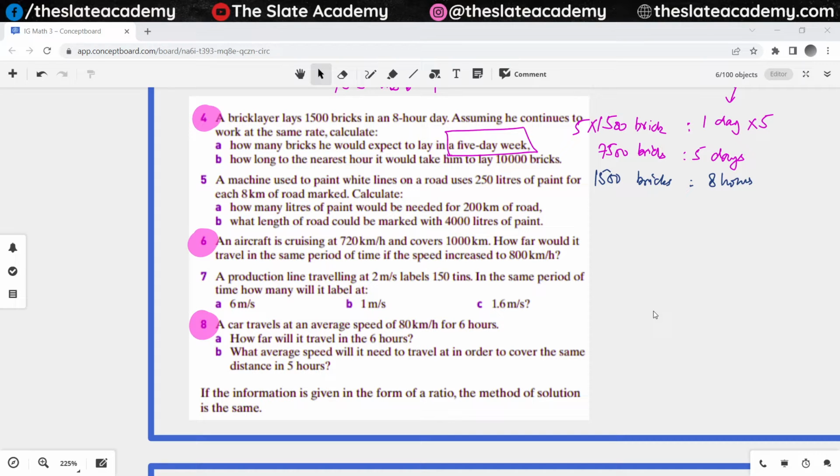So I have to calculate for 10,000 bricks. Let me first calculate for one brick. I'll divide both sides with 1500, so it would give me for one brick. And then in order to calculate for 10,000, I'll have to multiply both sides with 10,000.